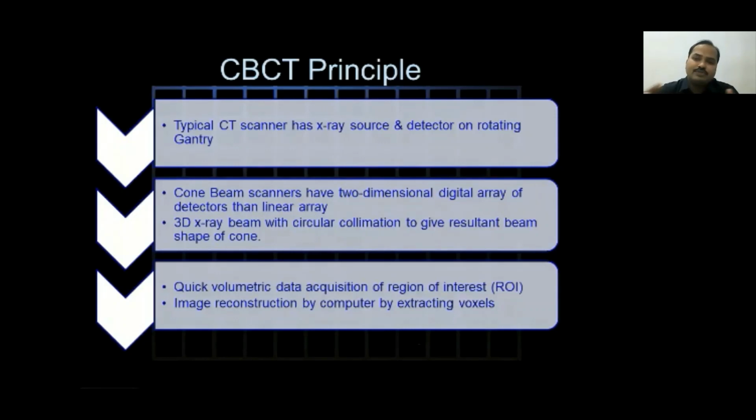So if we are exposing it at one time, we are taking up more and more data from the area at one time. After acquiring this data, the image reconstruction is done by a computer by extracting certain voxels and eliminating the effects which are not desirable.